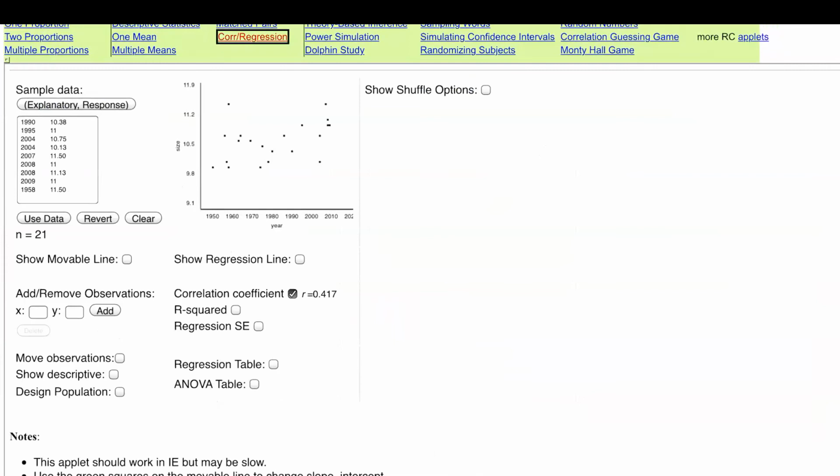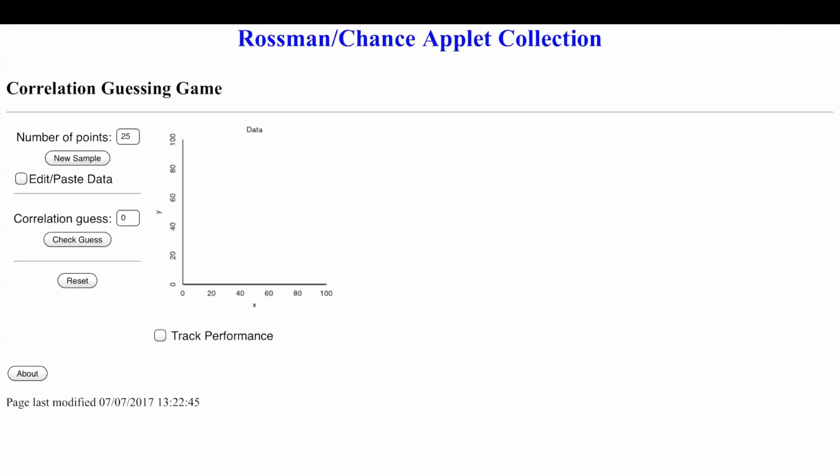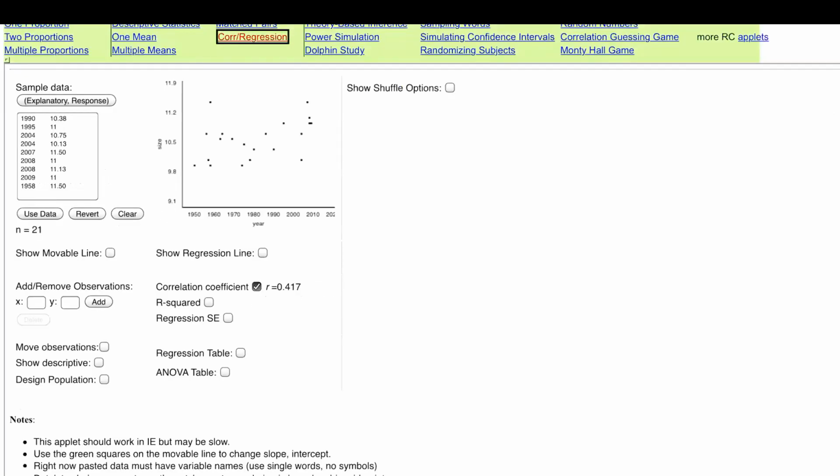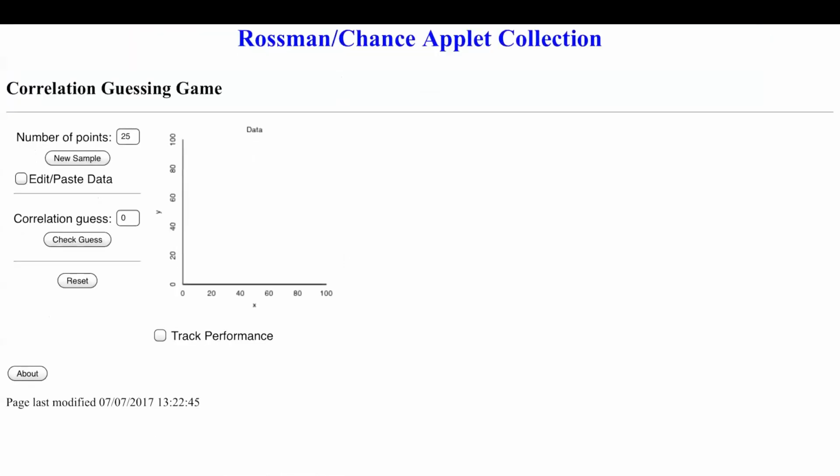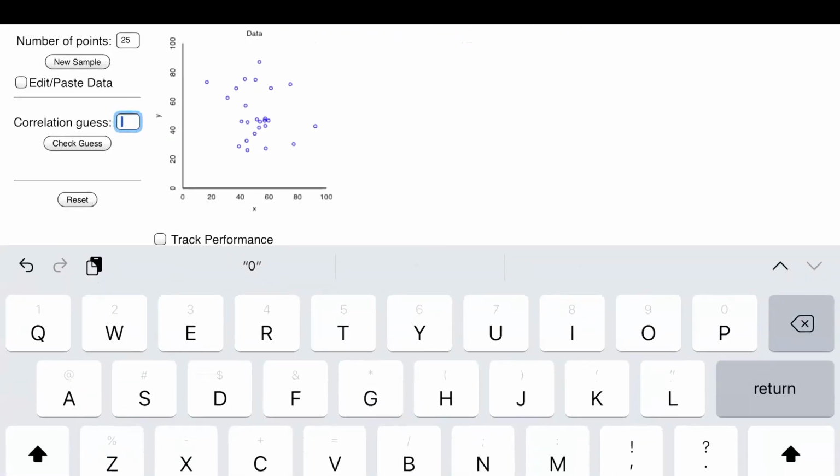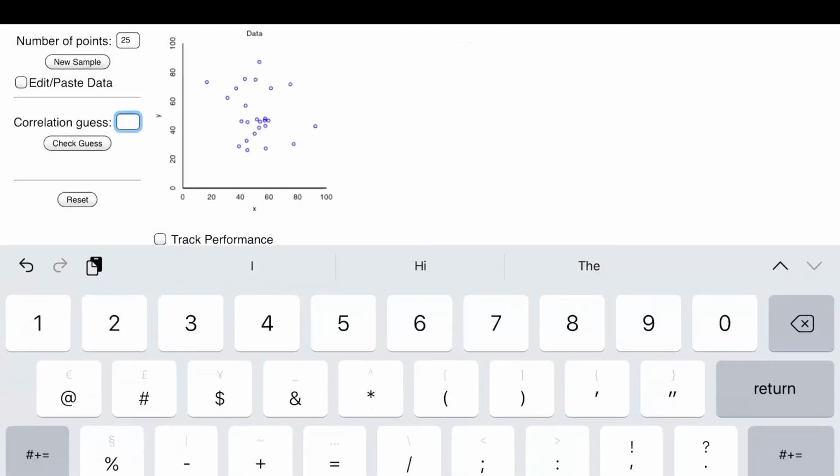Okay, now one more thing I want to show you. It would be good for you to get some practice in understanding the relationship between the correlation and the scatter plot. There's an applet called Correlation Guessing Game. It's on the far right in the middle row. You can change the number of points, but I'm just going to click on New Sample.